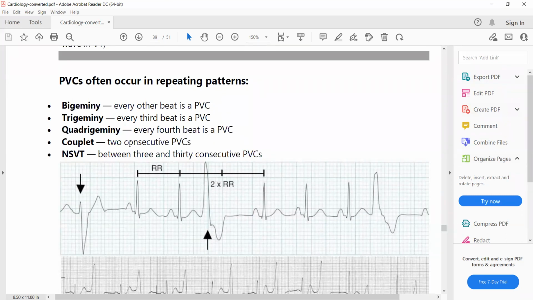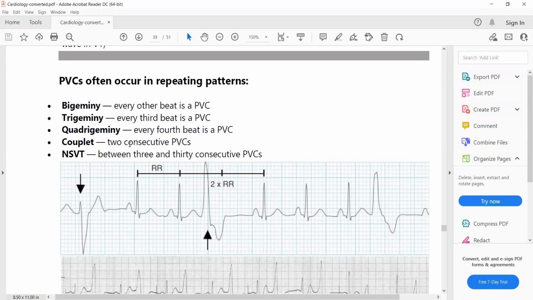And if there are 3 or 30 consecutive PVCs, then it will be known as non-sustained ventricular tachycardia. So PVCs can be dangerous.